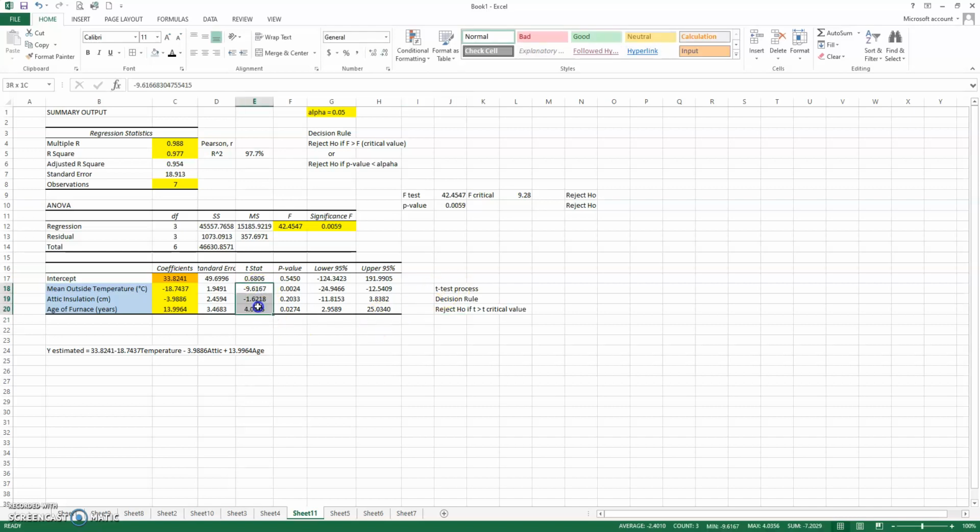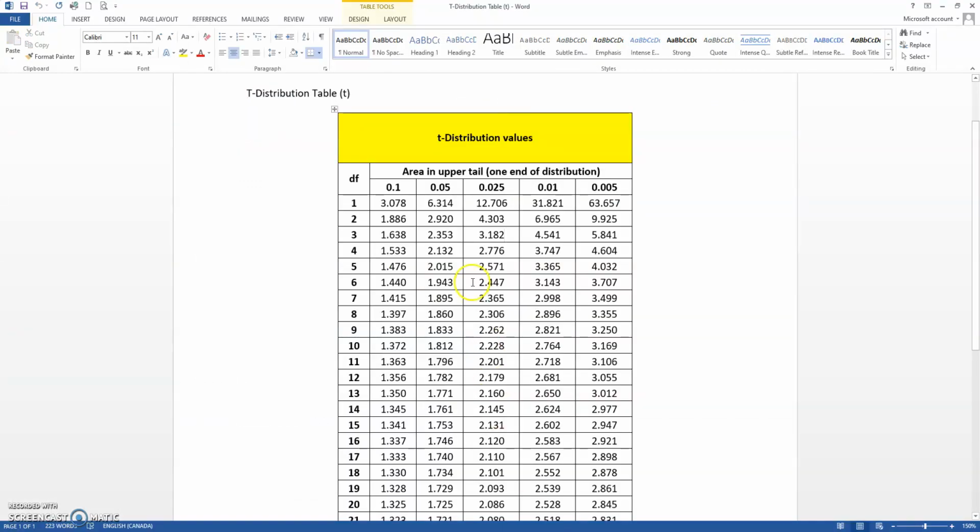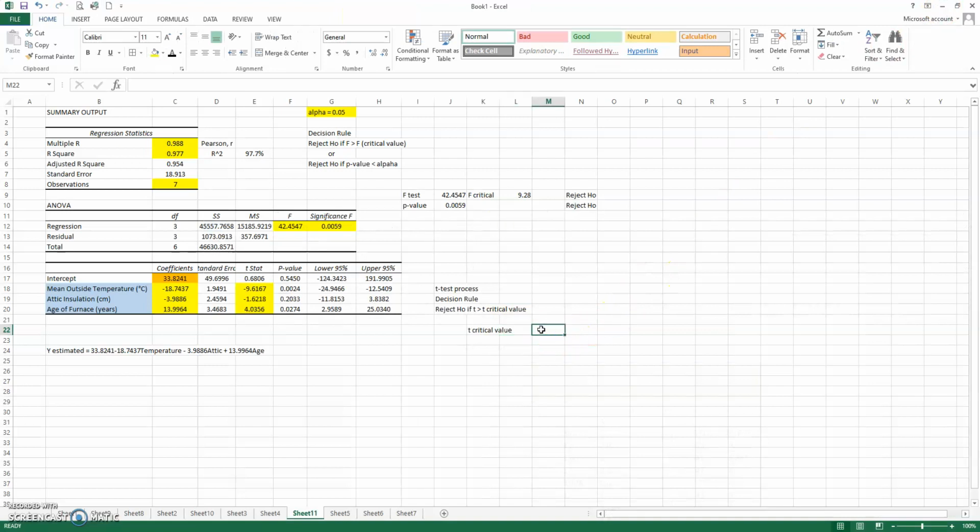Here is the test statistic right in there. We don't know the critical value. Oops, let's color that in yellow. The critical value is going to be found on our t-distribution chart. We are testing at 5%. This becomes a two-tailed test, and we have n minus k minus 1 degrees of freedom, so we have 3 degrees of freedom using this column. 0.025, so we have 3.182 as our critical value.